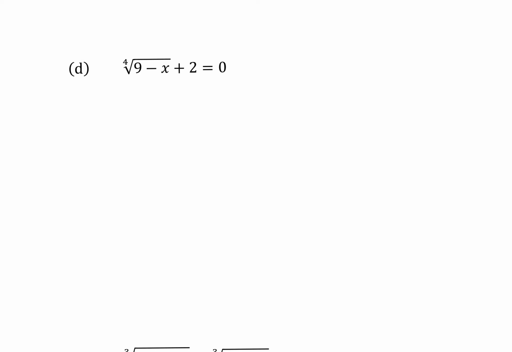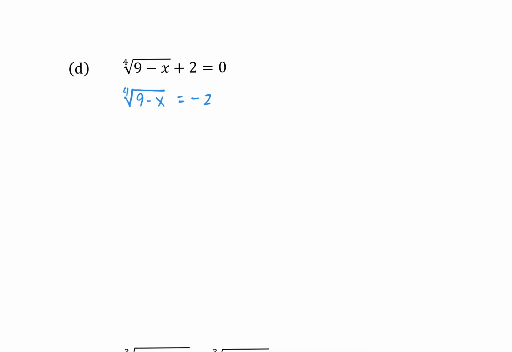Now, what if we took that same equation, but instead of using a cube root, I use a fourth root? So if we have the fourth root of 9 minus x, again, isolate the root by subtracting 2 from both sides to get the fourth root of 9 minus x equal to negative 2. And already I could see that there should be no solution for this because an even root can never be negative. But I'll go through the process anyway.